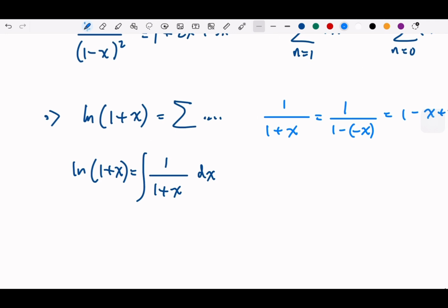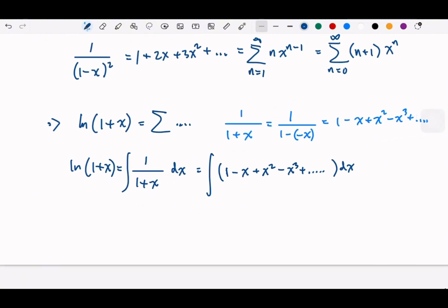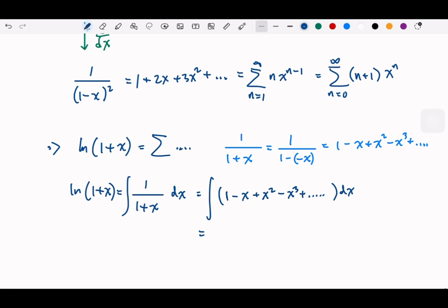Okay, so basically, we can integrate all the terms. So 1 minus x, so x, and then... and for sure at the very end there should be a constant, right?